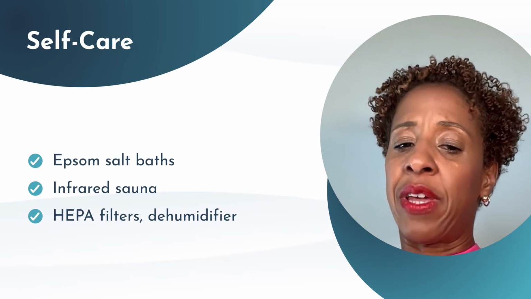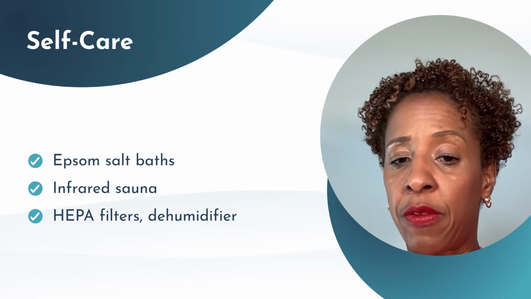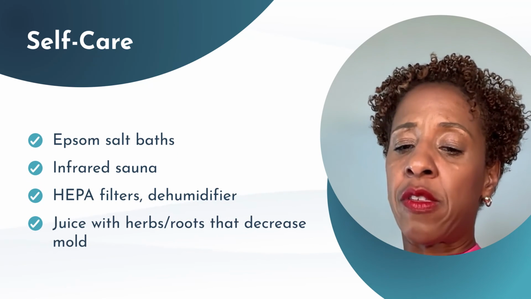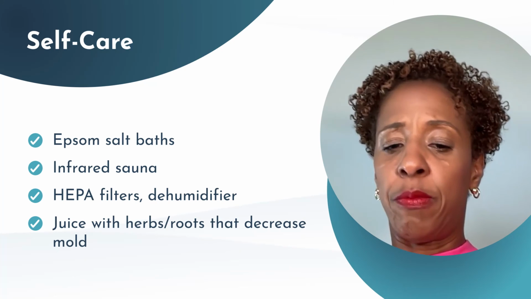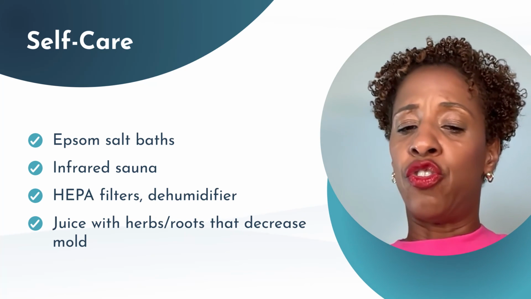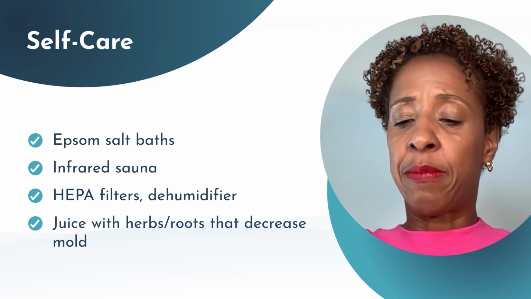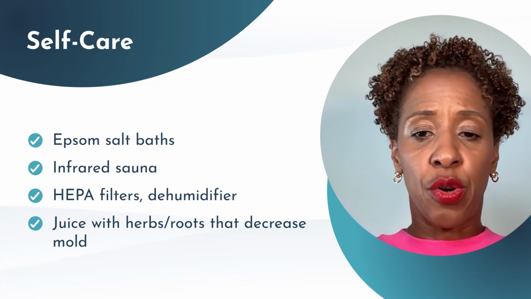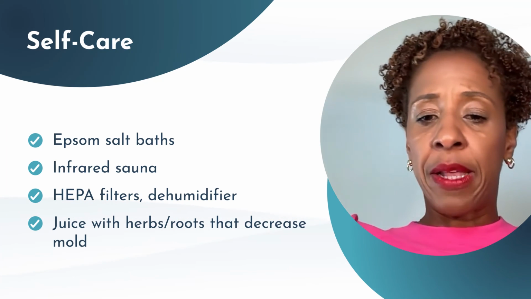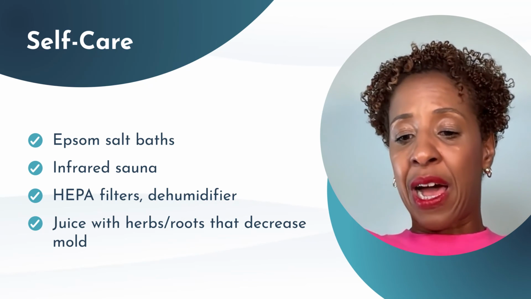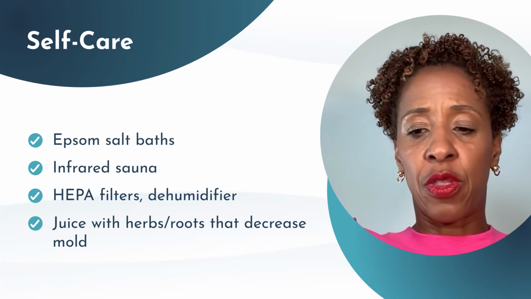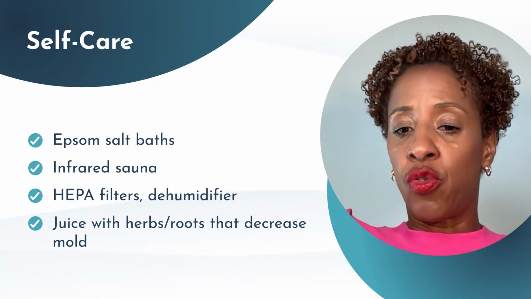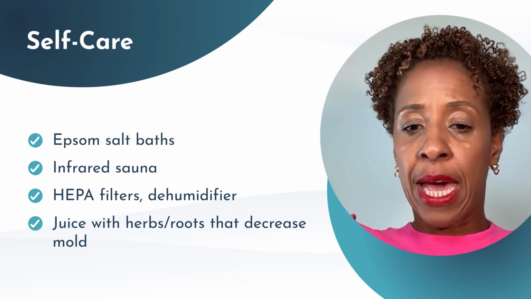Then consider having HEPA filters and dehumidifiers in place. And then this is something I got from the Medical Medium's protocol. Juicing herbs and roots can be really helpful. So I've used this in patients in conjunction with herbs, herb tinctures and supplements. For some clients who just can't even tolerate doing some of the herbal regimens, just juicing can be really, really helpful.